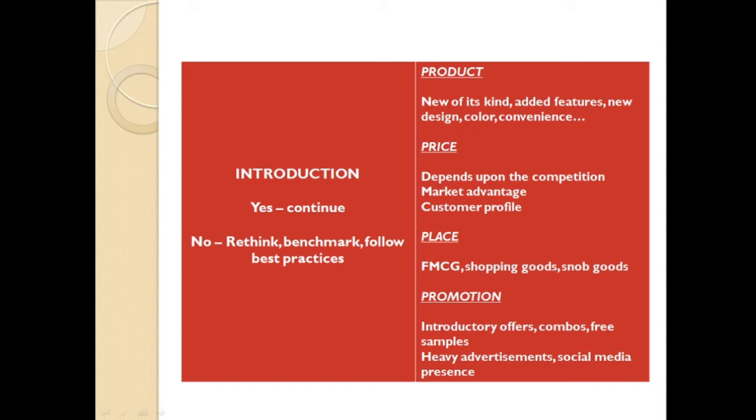And when you go for promotion strategy, normally it goes with big advertisements, and a heavy reach of advertisements should be ensured. Since these are the days of social media, social media presence is insisted on. Introductory offers, combos, and free samples are used. For example, if a company is coming with butter, they can give a free sample of curd. That is the way it can happen.